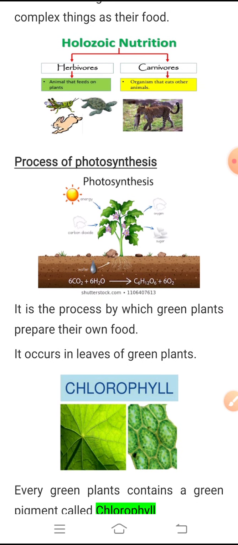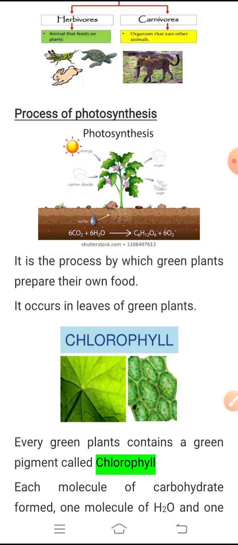You already have an idea about what photosynthesis is, but in class 10th, under the photosynthesis topic, the concept which I am going to explain right now is very important, and this has been asked many times in examinations. So let us start understanding in detail the process of photosynthesis.